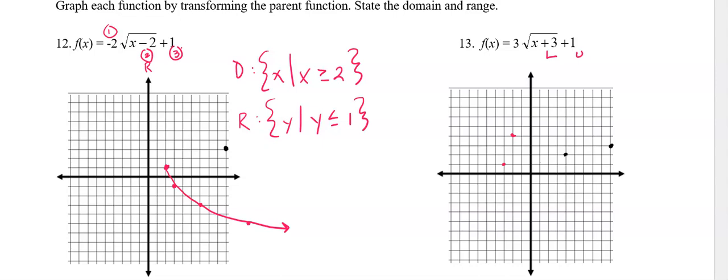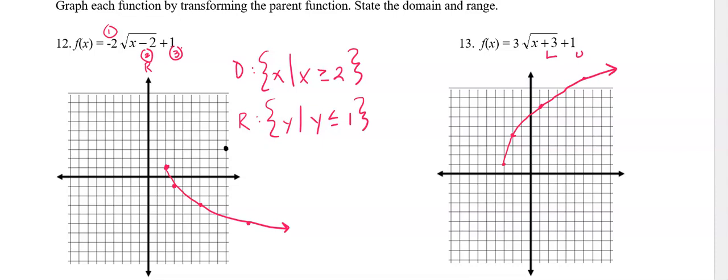Okay, (4, 2) becomes (4, 6). Left 3, up 1. That one is done. And (9, 3) becomes (9, 9). Left 3, up 1. And there's the graph.